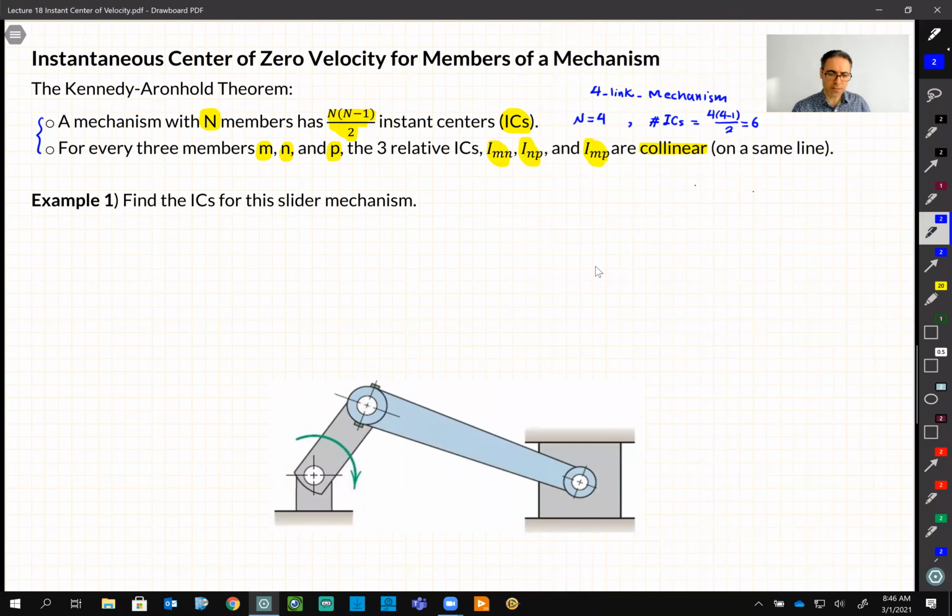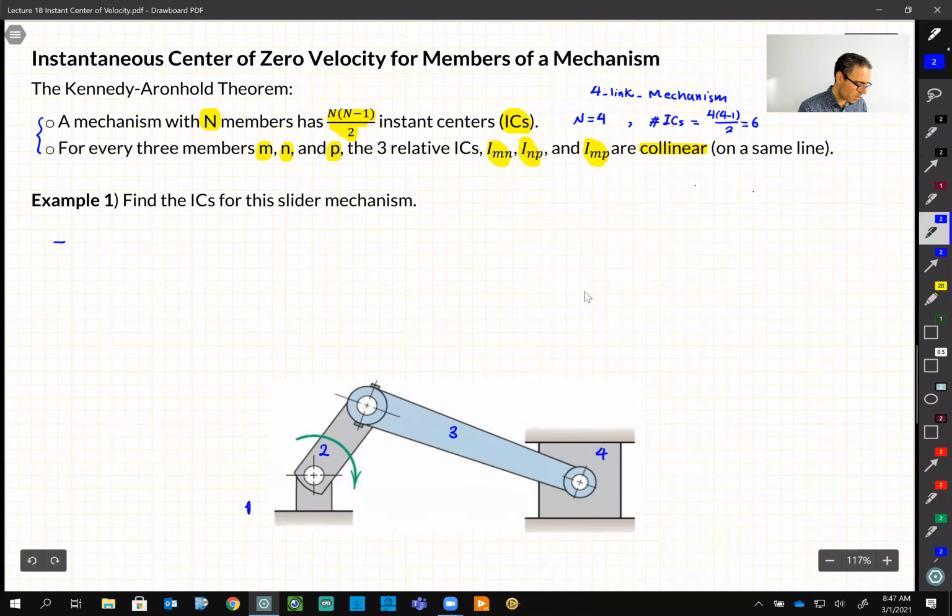I want you to try this for me, and you have 1 minute to find the instant centers of velocity for this crankshaft mechanism. To be consistent, let's call 1 the ground. This is member 2, this is member 3, and this is member 4.